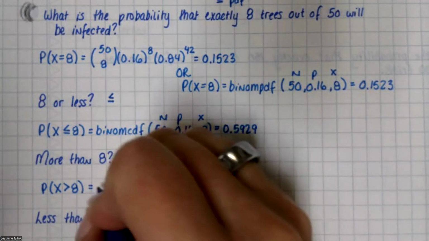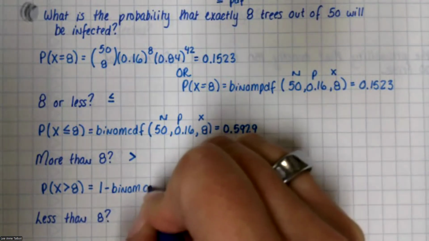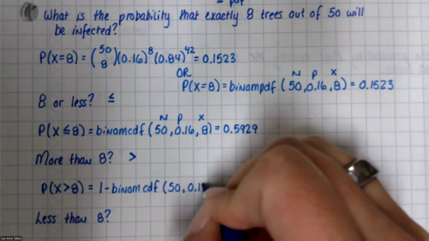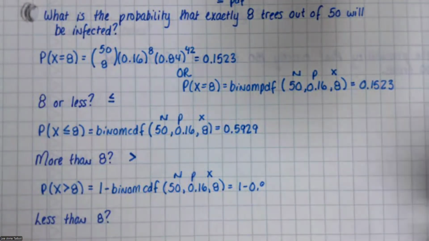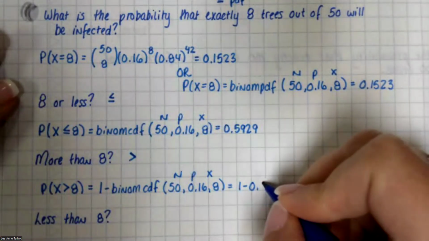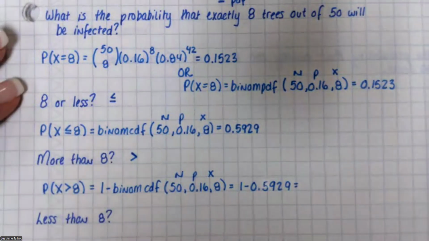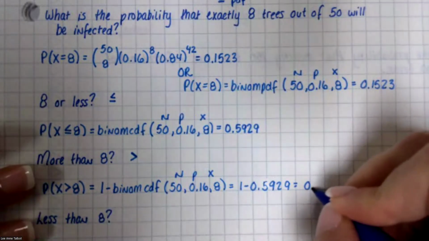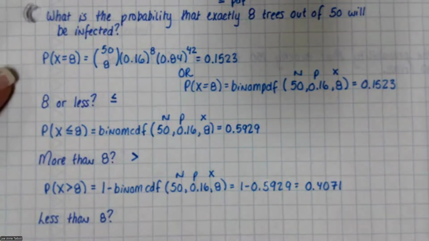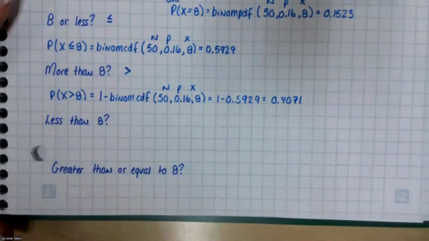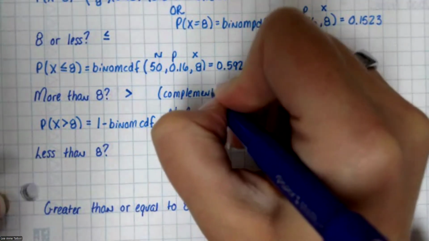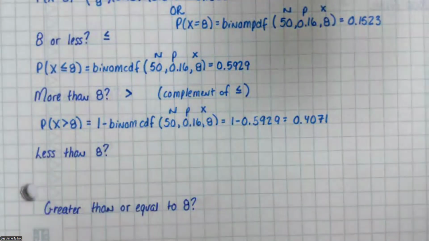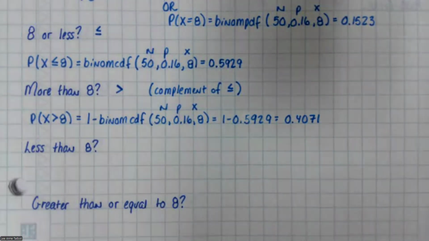So you just do 1 minus this. Okay. Any questions about the first two? We have 2 more and then we're done.